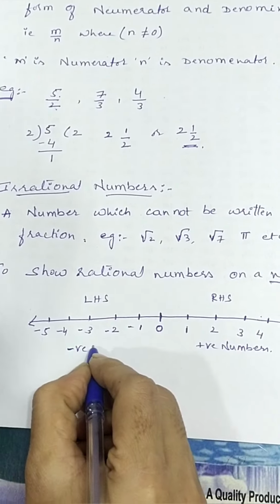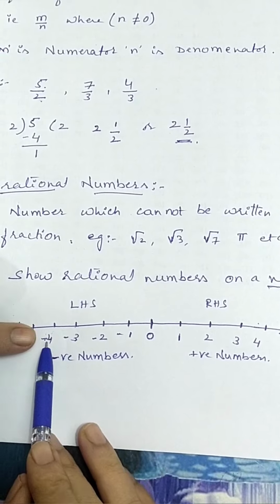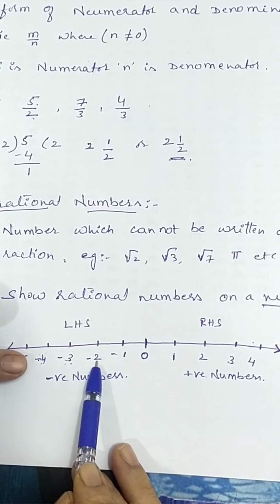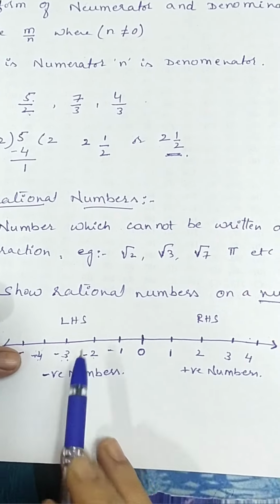As we move towards the right hand side, the value of the number will be increasing. Suppose you move like this, from -4 turning towards the right hand side, -4 is less than -3, and -3 is less than -2, that means the value of the number will be increasing.